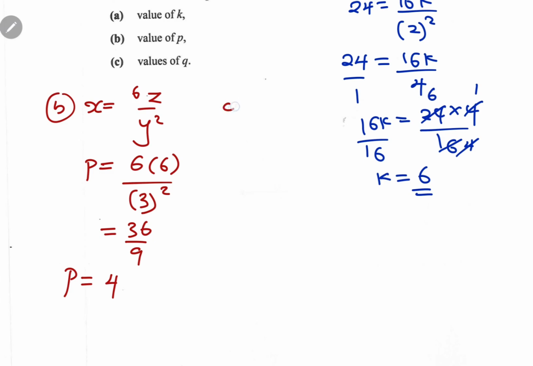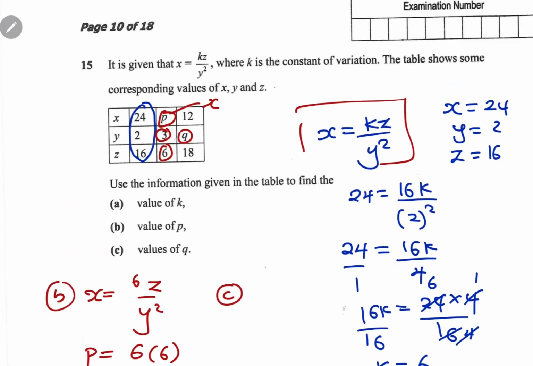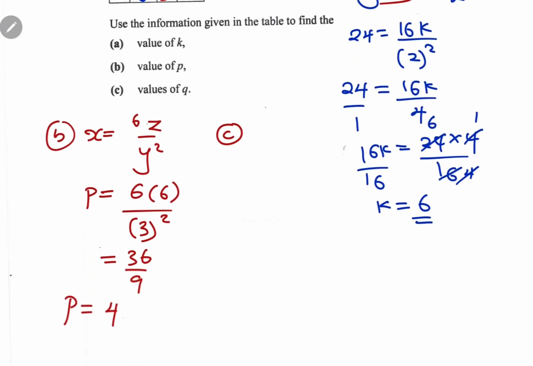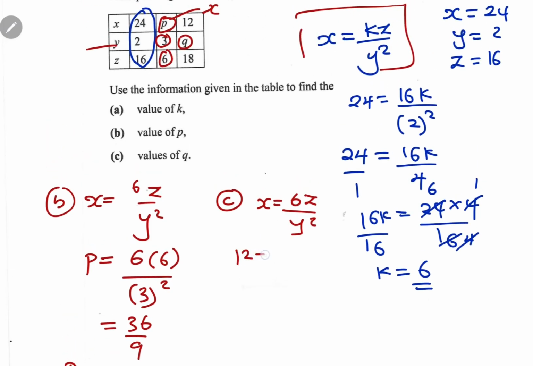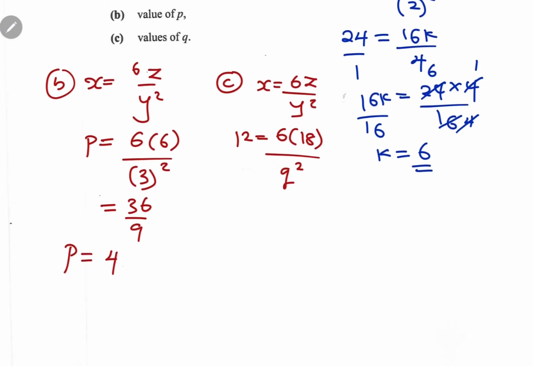Then for question C, value of q. Look at where is q? Q is right here. And this is y. So whatever there's y, we put q. So still using this same one, x is equals to 6z over y square. So what is x? X in this case is 12. So 12 is equals to 6. What is z? Z is 18. Divide. This is q. So q square.